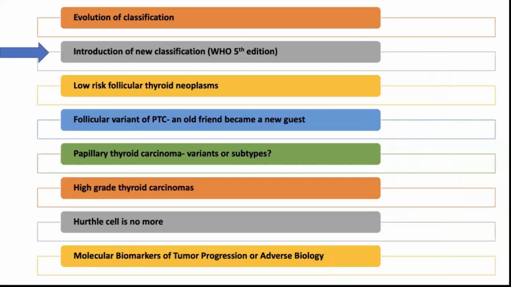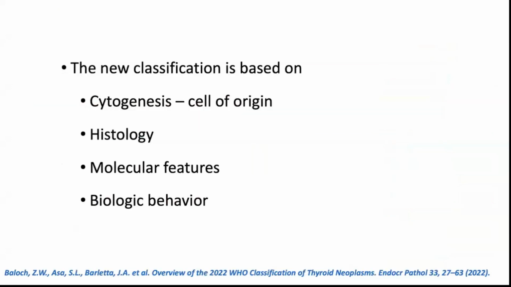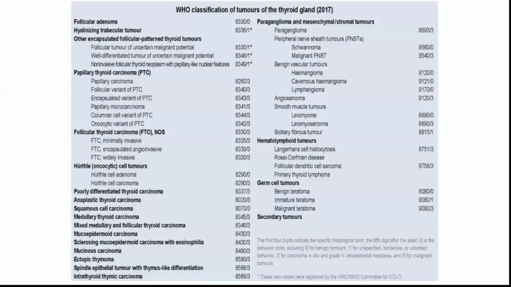Going on to the new WHO classification, it's based on the histogenesis, that is the cell of origin, histology, molecular features, and biological behavior is one of the important components added in this classification. So this is the old fourth classification, which came out in 2017, which defined tumors as papillary, follicular, Hürthle cell, poorly differentiated, anaplastic, and so on.